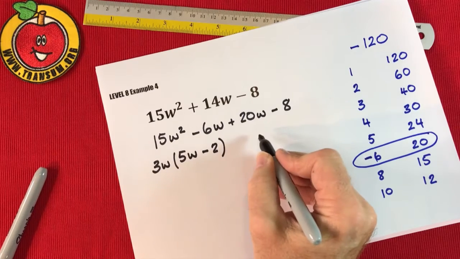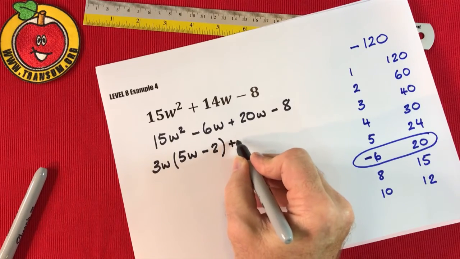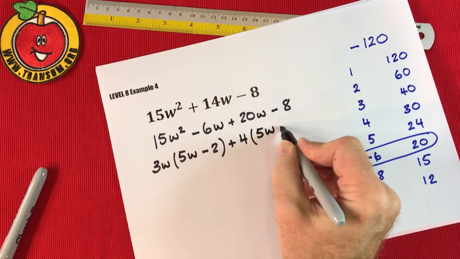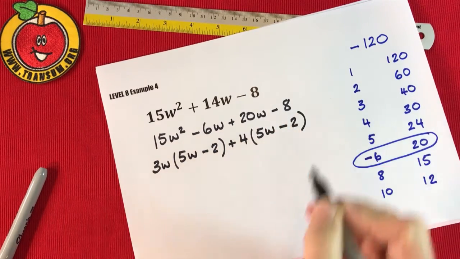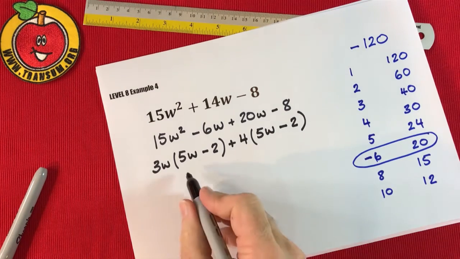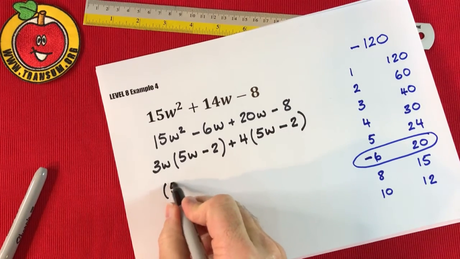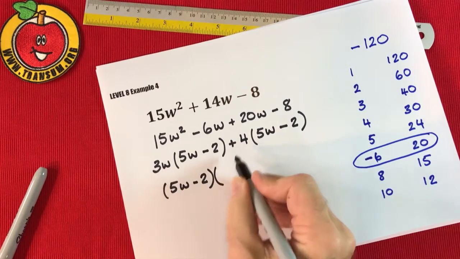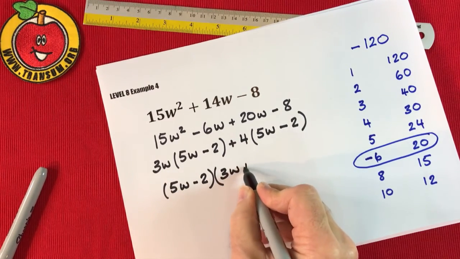And these have got a common factor of 4. So plus 4 lots of 5w minus 2. The two brackets are the same. Write that down at the beginning. And then we got the 3w plus 4.